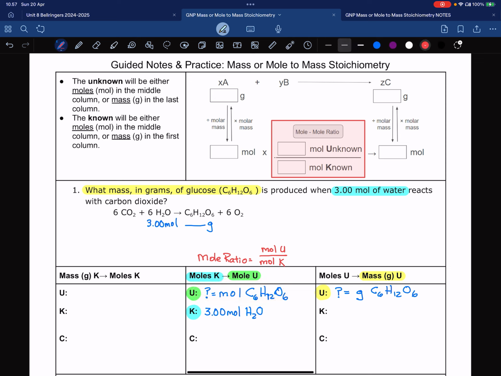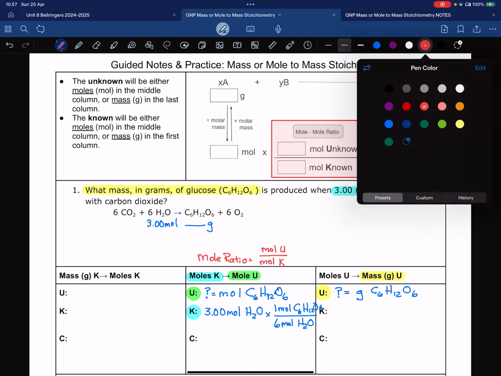That's 1, so we have 1 mole of C6H12O6. Moles of the known is H2O, and that's going to be 6. So 6 H2O give me 1 C6H12O6. So 6 moles of H2O.